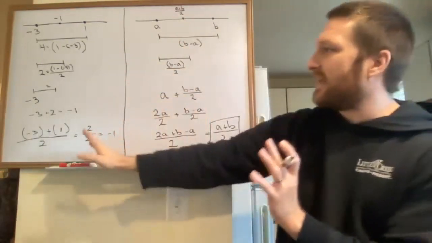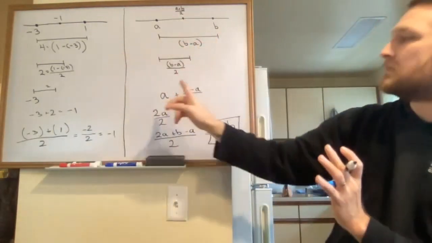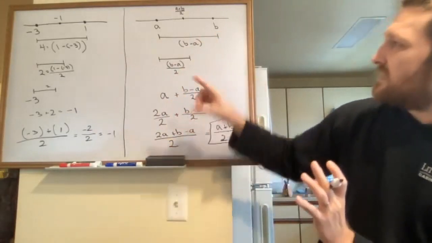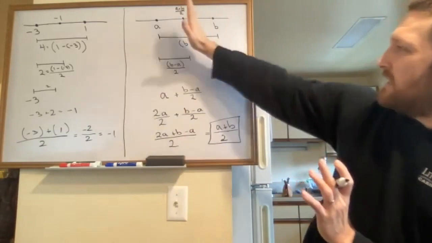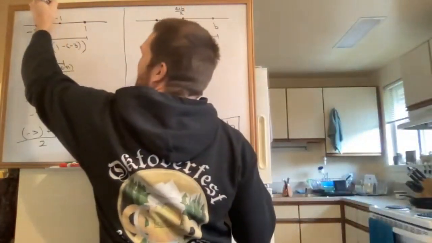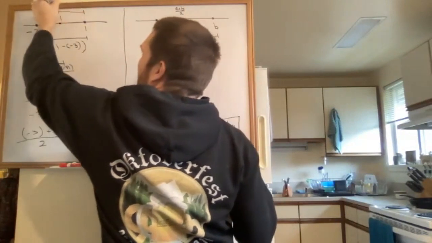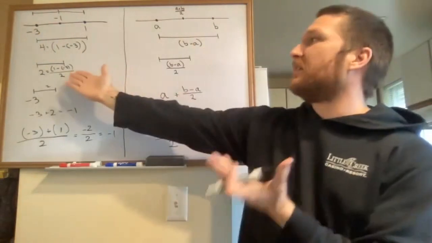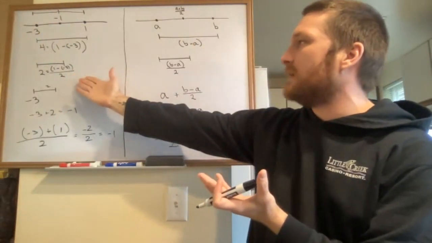And I believe that now because I've gone through this reasoning. But the important thing to notice is that when you take a midpoint between two numbers, the distances from here to here are exactly the same. That's how we've defined this in the first place.